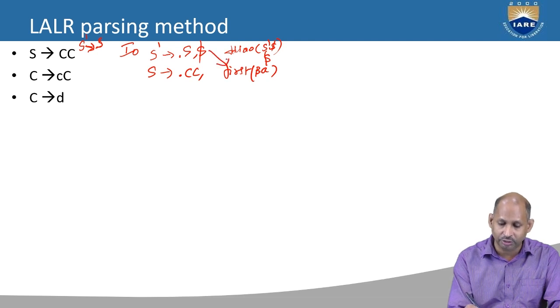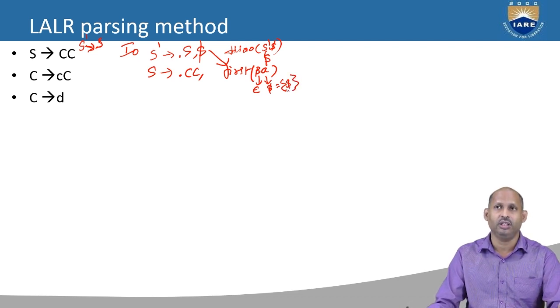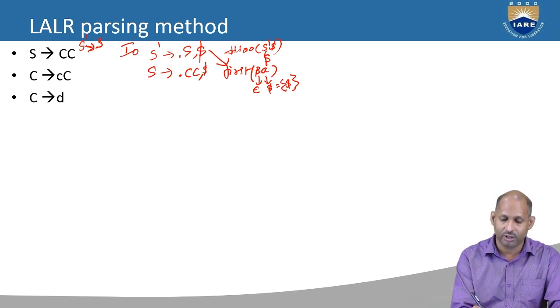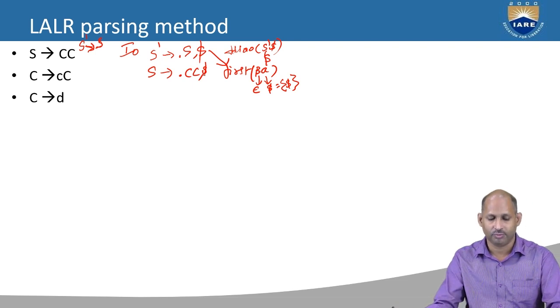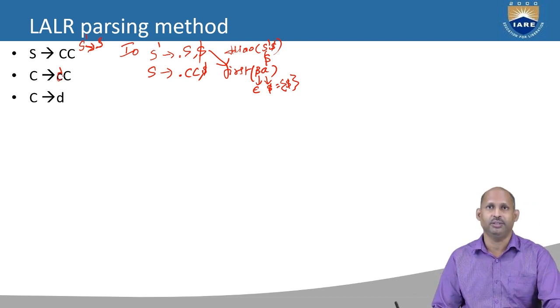From this production, beta is epsilon and a is the dollar sign, so first of beta a results in the dollar sign. So simply we add a dollar sign here.